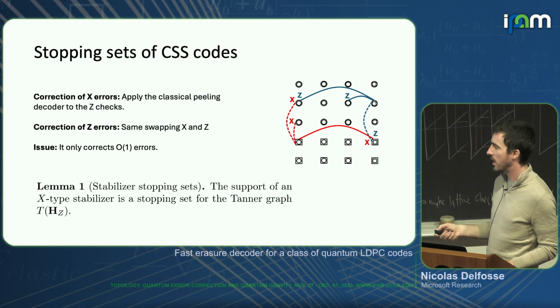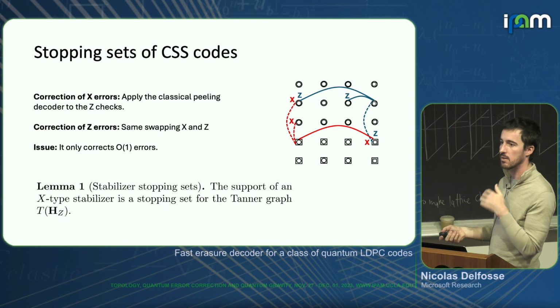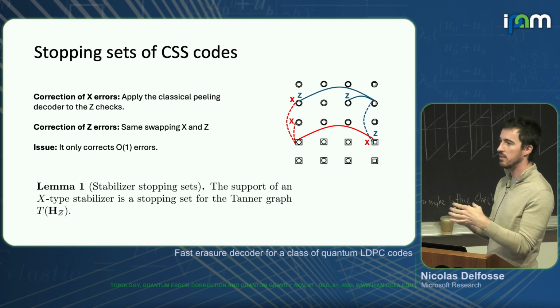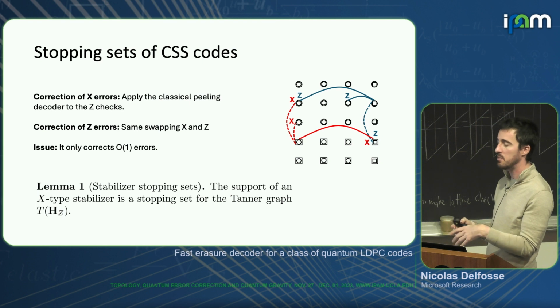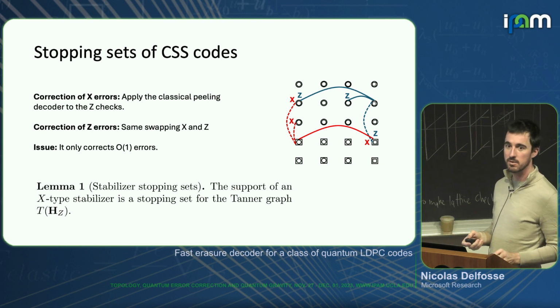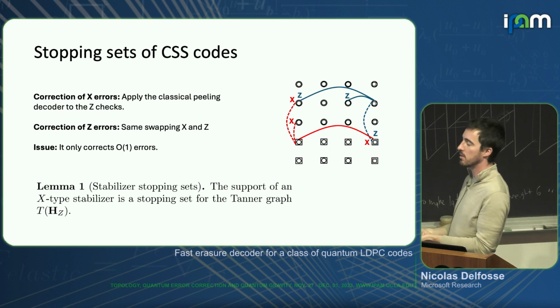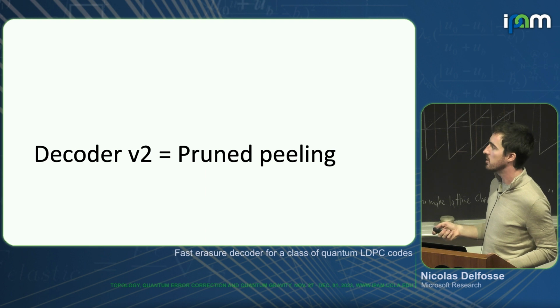And our first lemma, the failing configuration, is that if the support of X stabilizers is covered, we cannot correct, because it's a stopping set. The stabilizers are defined, the checks have low weight by construction. LDPC codes have low weight checks, and they are stopping sets. So by construction, quantum LDPC codes will fail for this decoder. They are the worst we can imagine.